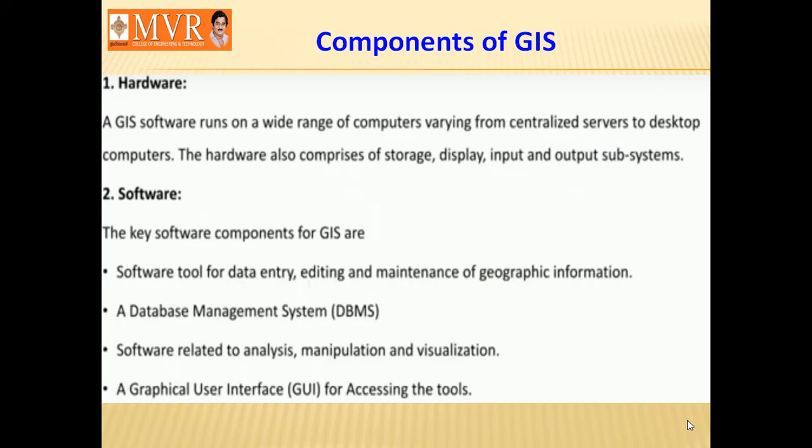So next, software. The key software components for GIS are software tools for data entry, editing, and maintenance of geographic information, and database management system DBMS, software related to analysis, manipulation and visualization, and a graphical user interface for accessing the tools.